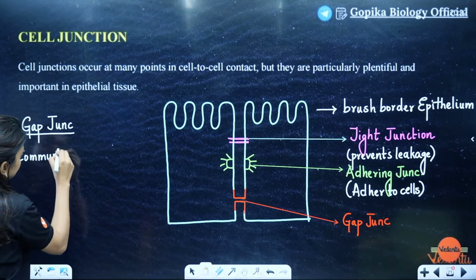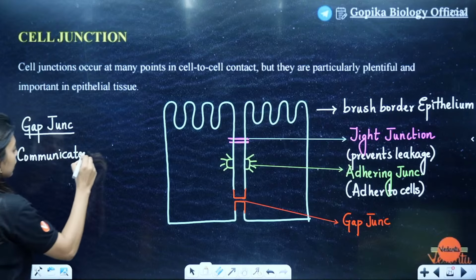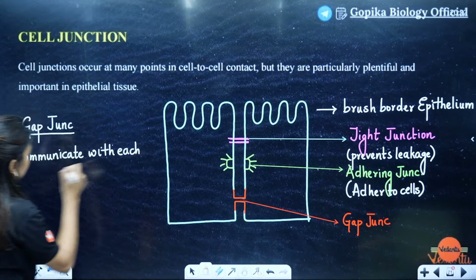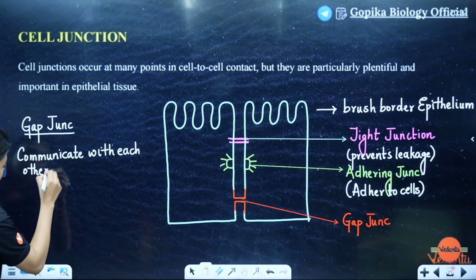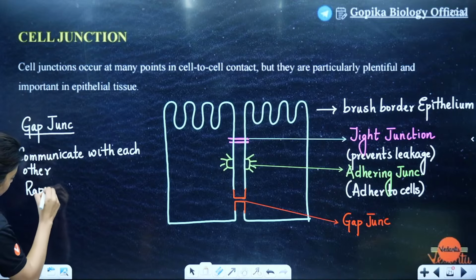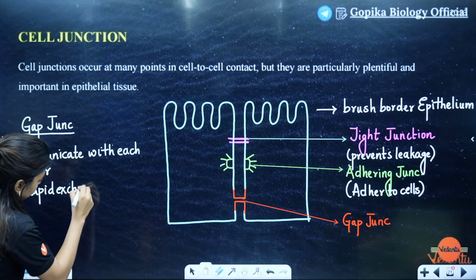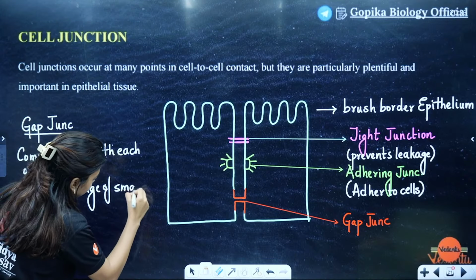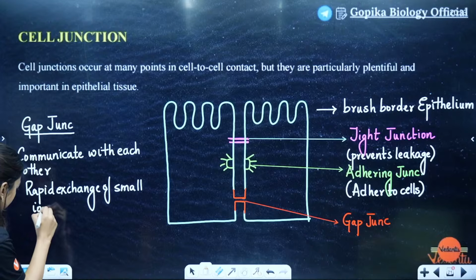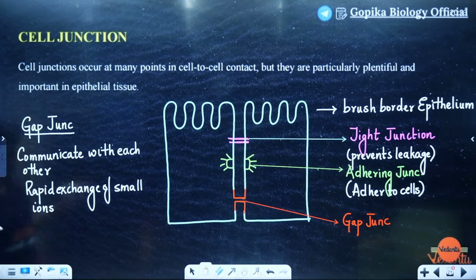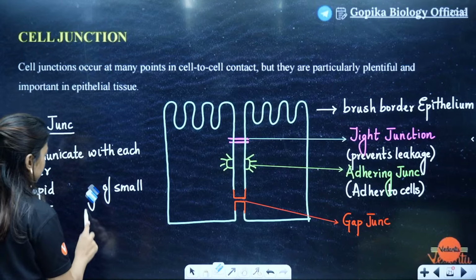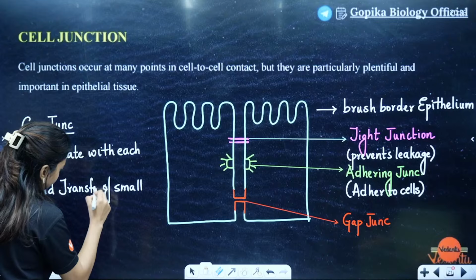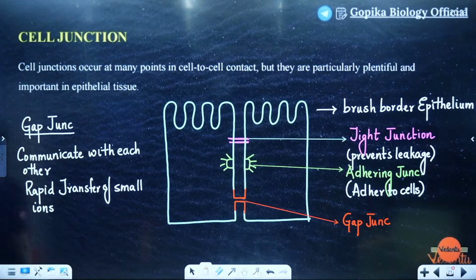It helps 2 cells to communicate with each other and also helps with rapid exchange of small ions, or we can say rapid transfer also, no problem. If you want to change the word exchange to transfer, no problem. Rapid transfer of ions. Clear? Easy?